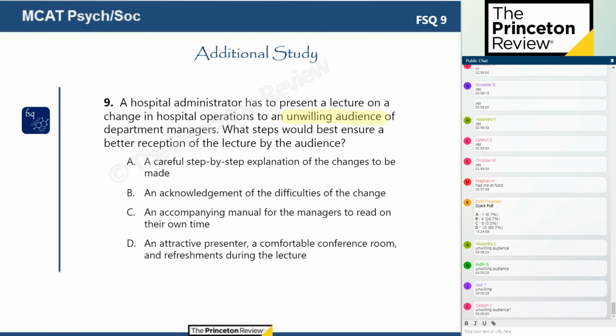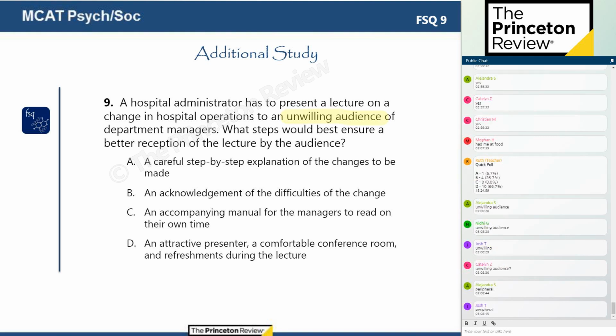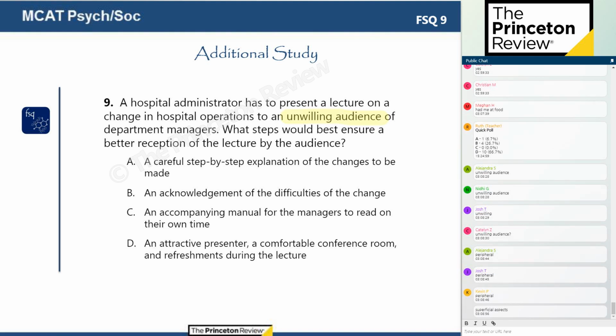So if you have an unwilling or unable audience, central route or peripheral route? Peripheral. And peripheral concentrates on what? On the message or on other things, how the message is delivered, who delivers it?